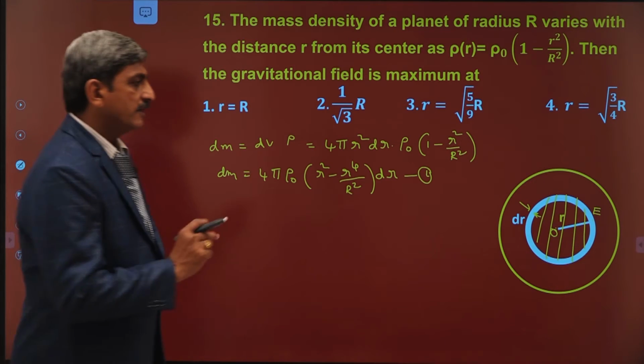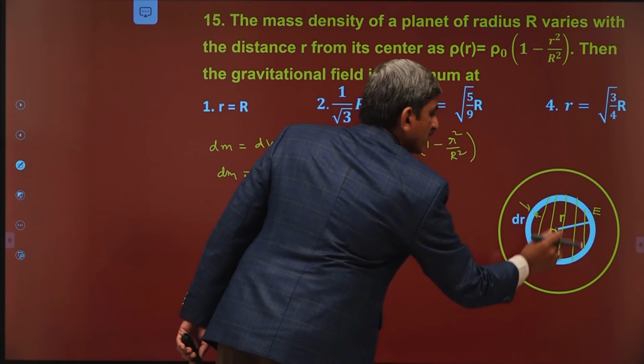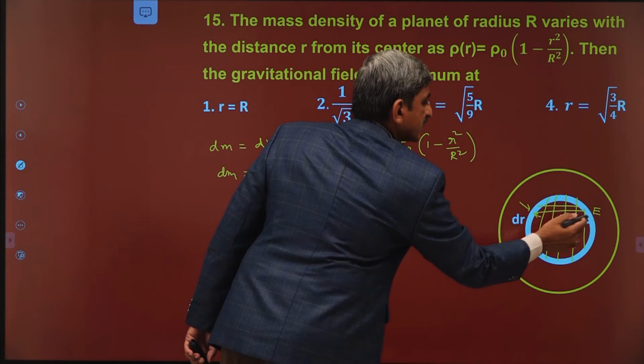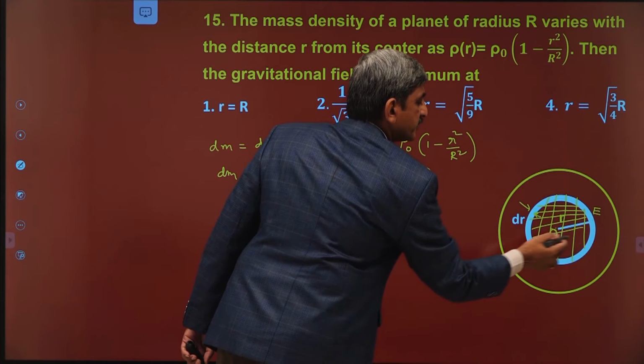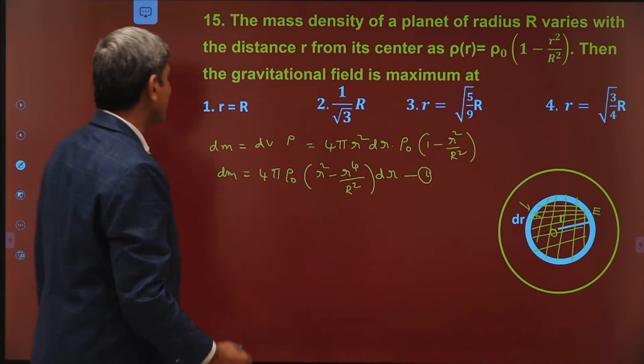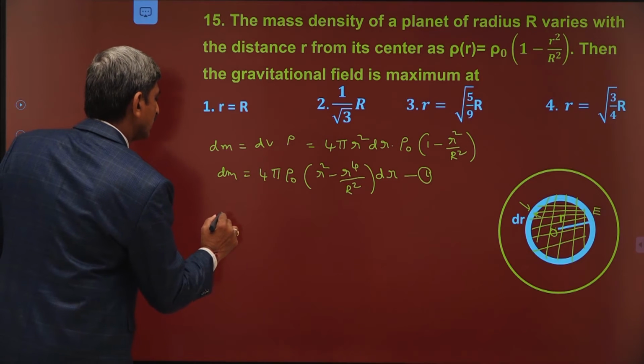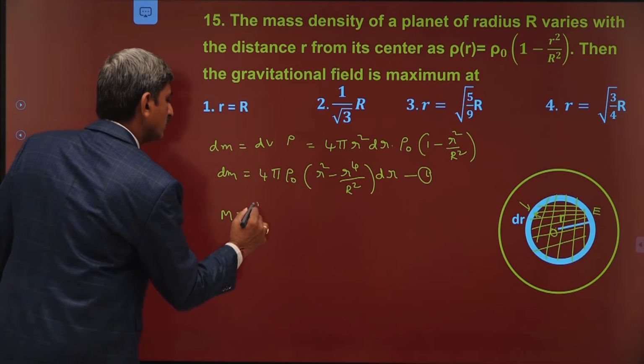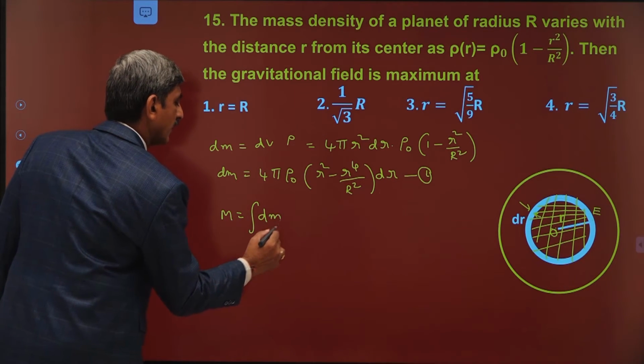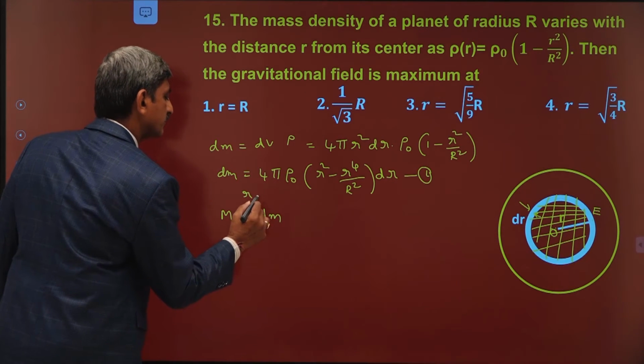By knowing the mass of this spherical shell, the mass of the planet inside the spherical region can be determined using integration, that is M equal to the integral of dm from 0 to r.